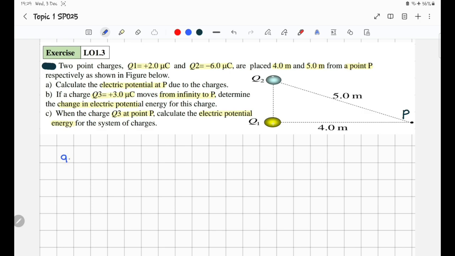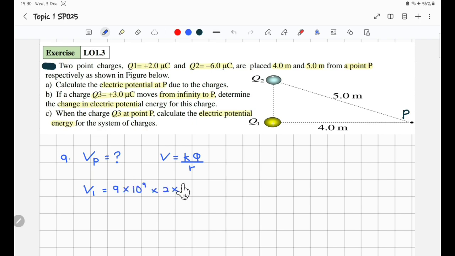Okay, for question part A, we want to find the electric potential at point P. As we know from the equation list, equation number 5, to calculate the potential, we can apply the equation V equals KQ over R. Since in the system we have two charges, we will have two potentials, which are V1 due to Q1.